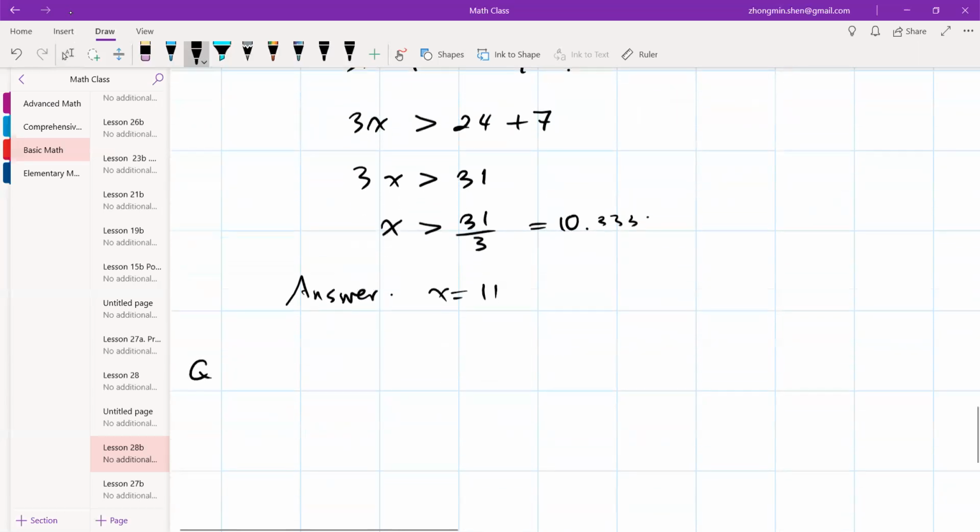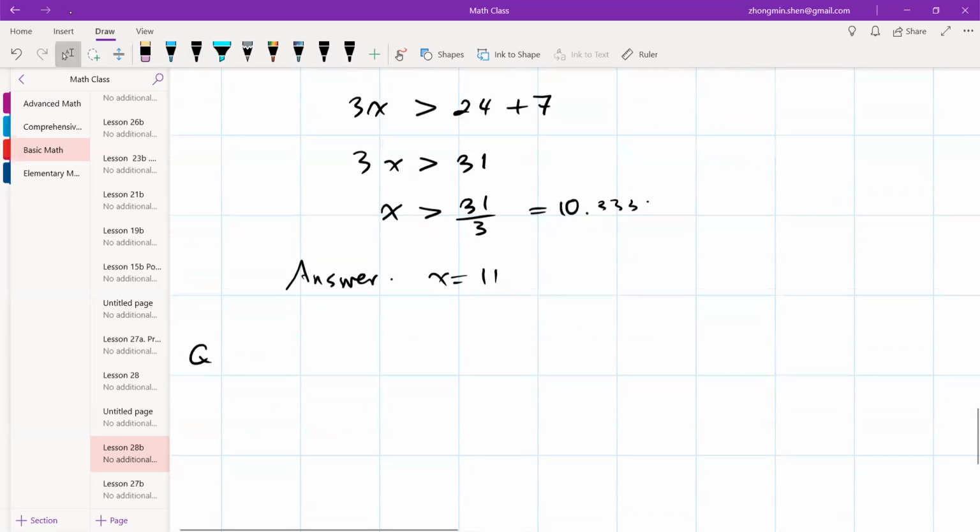So are you familiar with the two inequalities? Okay, so here's going to be 1 minus 3x less than or equal to 4, greater than or equal to negative 2. Solve this inequality.